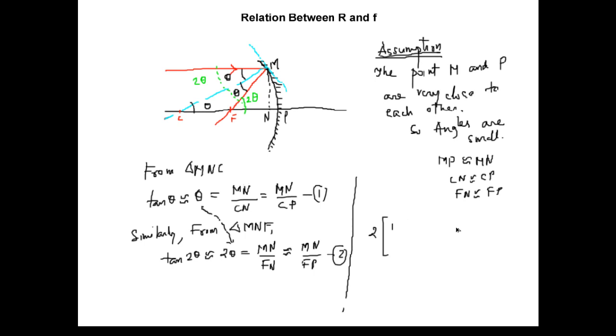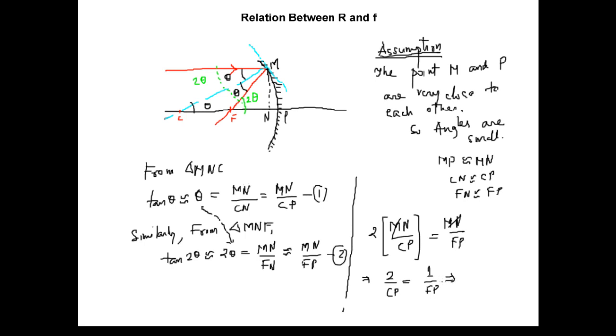Theta is equal to MN by CP. So 2 times MN by CP equals MN by FP. Now MN gets cancelled. I get 2 by CP equals 1 by FP.